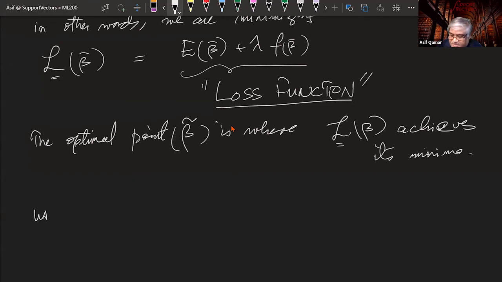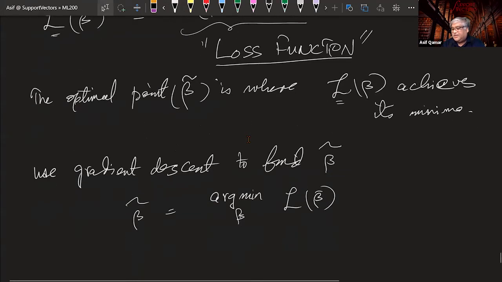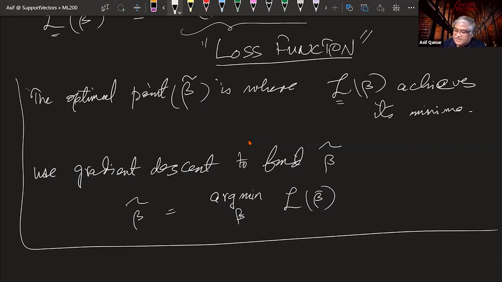So use gradient descent to find beta tilde. Beta tilde is arg min over beta of the loss function. It is that value of beta that will minimize the loss function. Are we together?